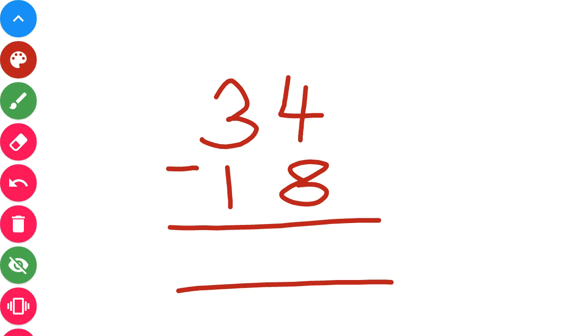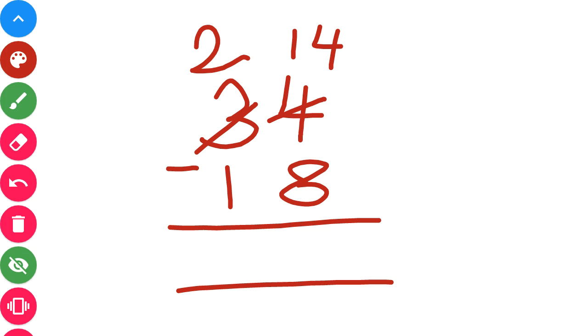Now, our 4 will take a borrow. How much will 3 give? 1 ten. So this 4 will become 14. And this 3 will become 2. Now let us subtract. Now 14 is greater than 8. So we can easily subtract.